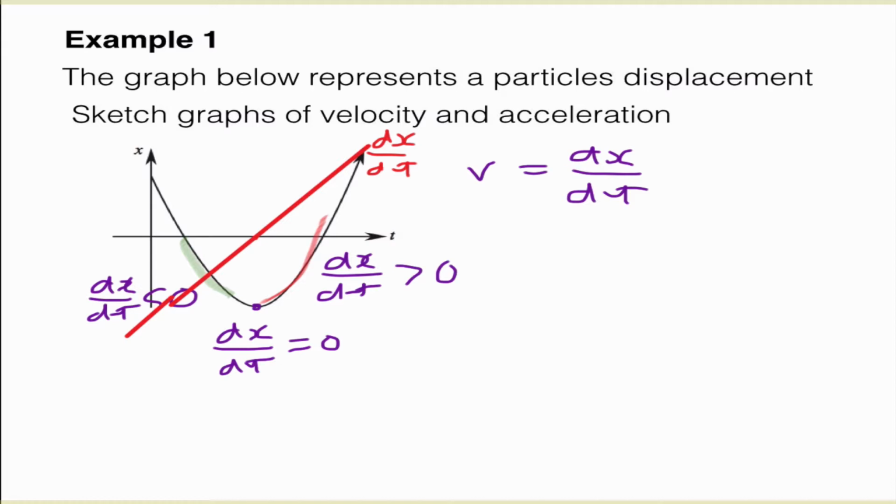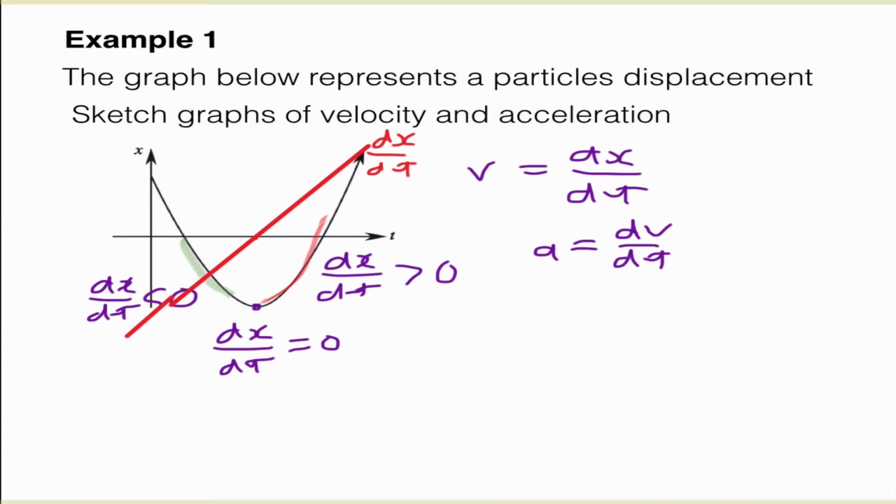Now if we wanted to graph the second derivative function, which I'll do in perhaps blue, we'll think about what sort of slope that is. We want to graph acceleration equal to dv/dt, and to do that, we think, well, that's the slope of the derivative function. So we're looking at the second derivative function now.